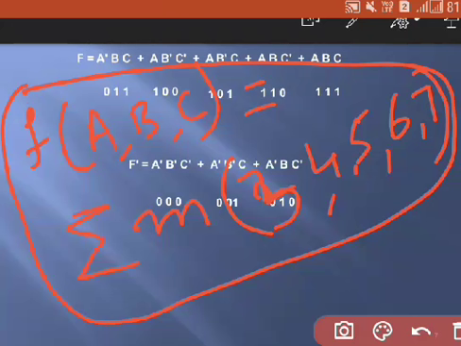That is the meaning of the expression f of A, B, C is equal to summation small m of 3 4 5 6 7. That implies that for the other minterms the output is 0.